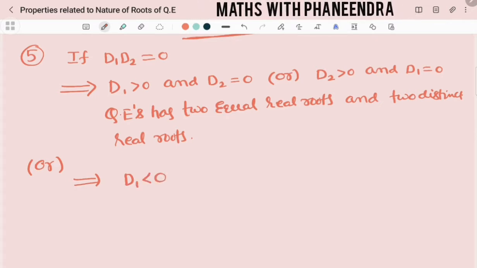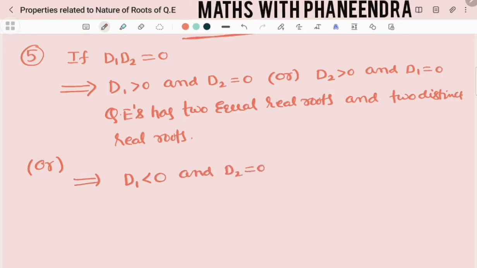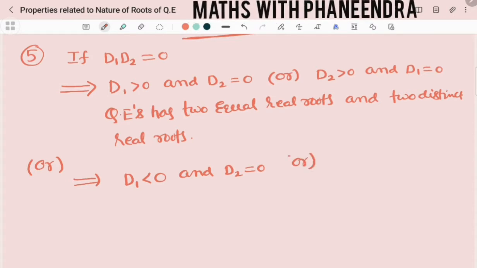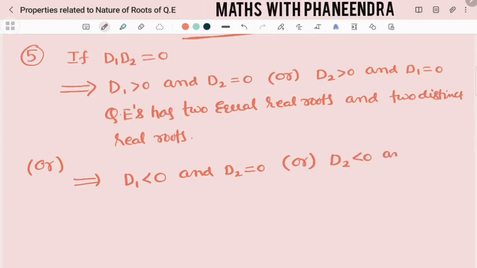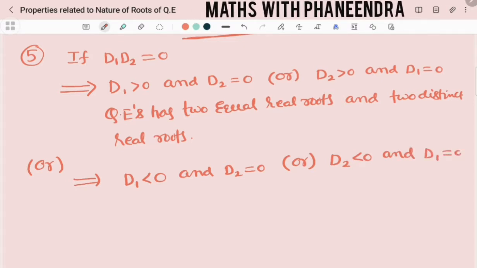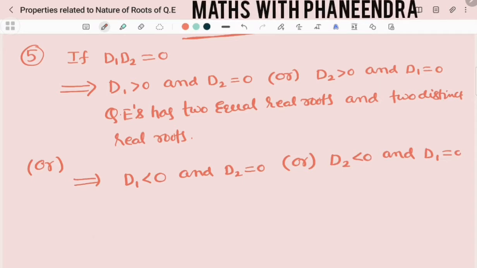d1 is less than 0 and d2 is equal to 0, or d2 is less than 0 and d1 is equal to 0. In this case also the product of discriminants is equal to 0.